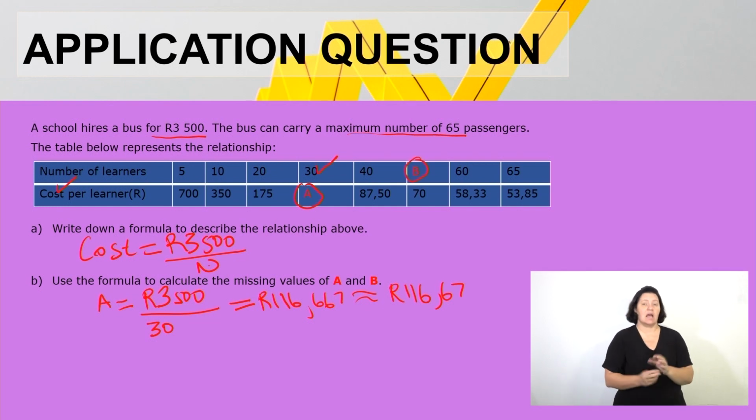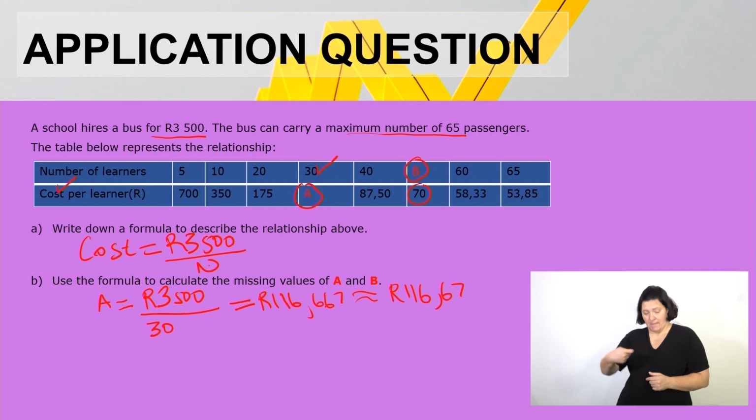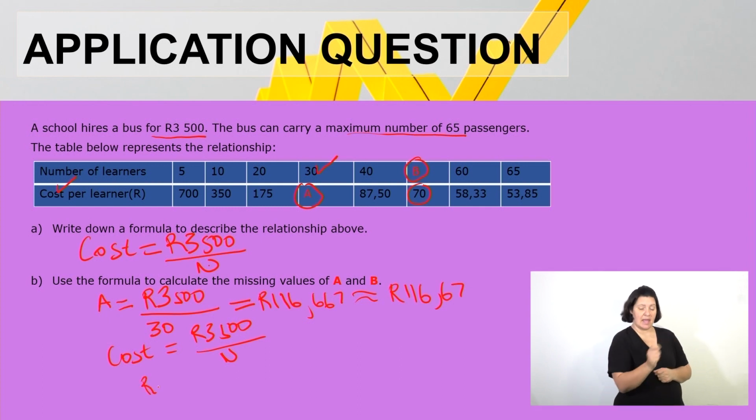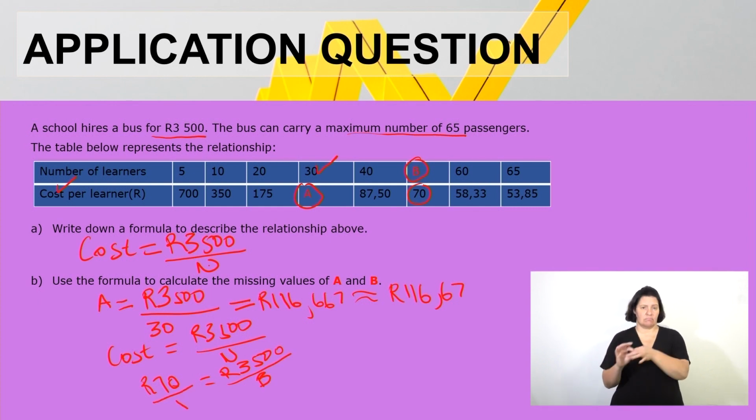B represents the number of learners if each pays 70 rands. So we're going to say cost again. Cost is equals to 3,500 divided by N. Our cost in this case, each learner is going to pay 70 rands. Then we're going to take 3,500 and replace the N with B. We get that relationship of a ratio there.